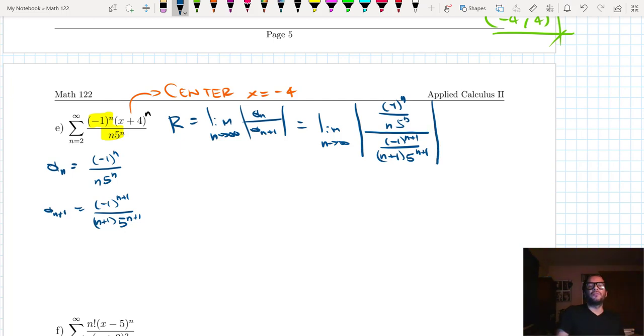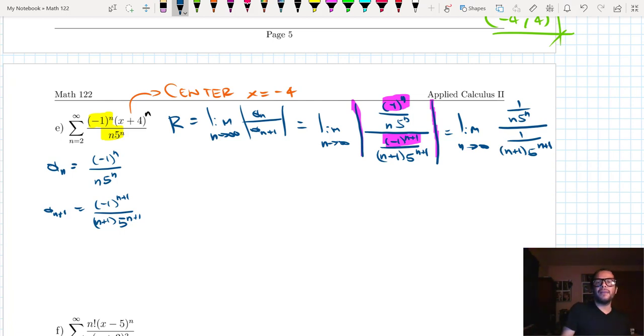And as we mentioned before, we can just ditch these alternating factors, these factors that give us pluses and minuses, using these absolute value bars. These absolute value bars help us to cancel this out. So we are going to have the following. We're going to have the limit as n approaches infinity of 1 over n times 5 to the n over 1 over n plus 1 times 5 to the n plus 1.